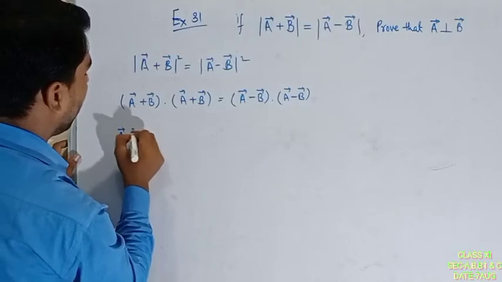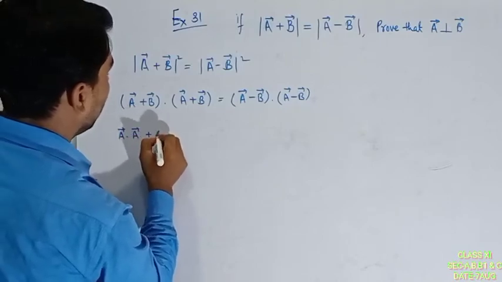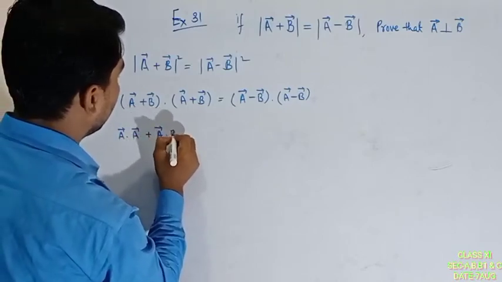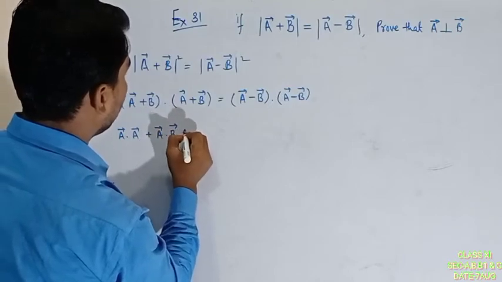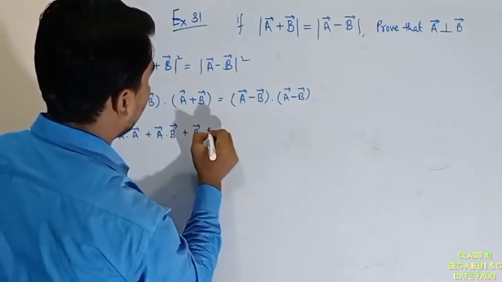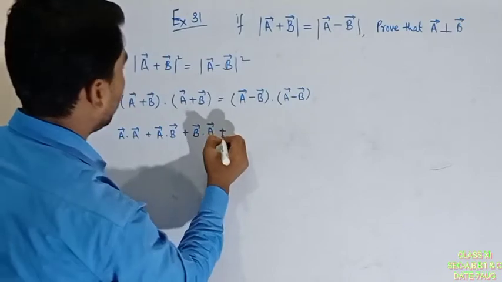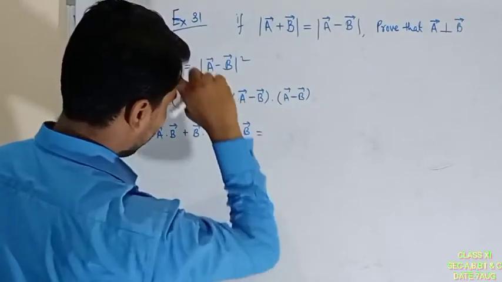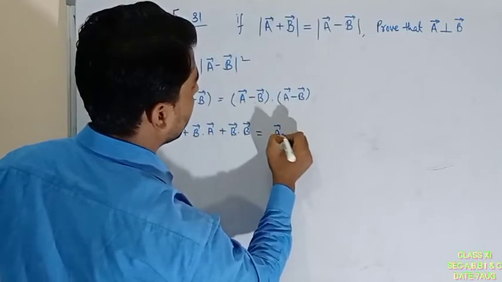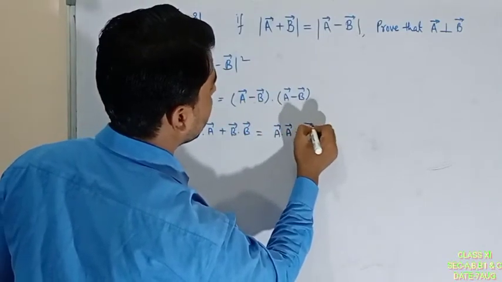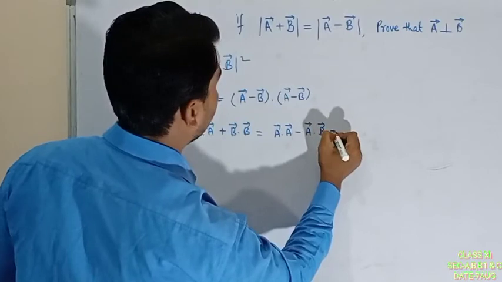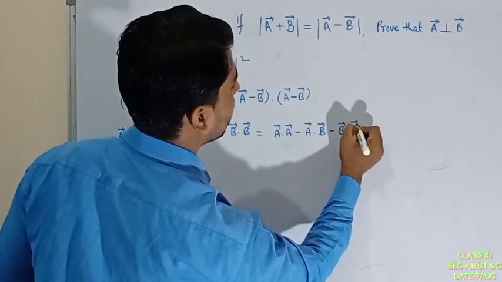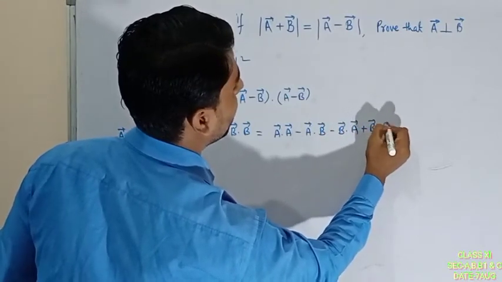Vector A dot vector A plus vector A dot vector B plus vector B dot vector A plus vector B dot vector B. Same way here also, vector A dot vector A minus vector A dot vector B minus vector B dot vector A plus vector B dot vector B.